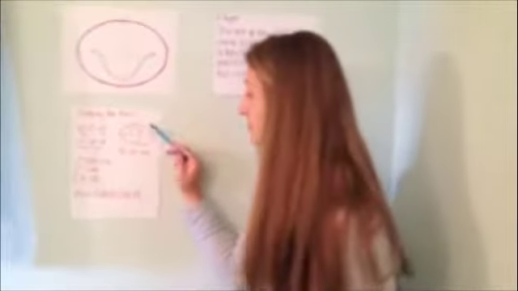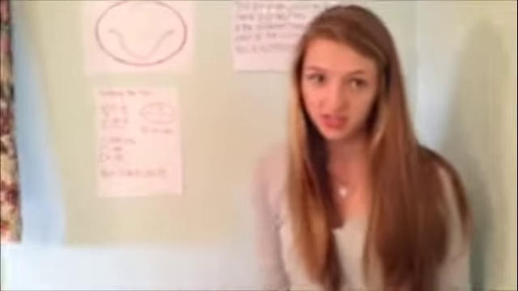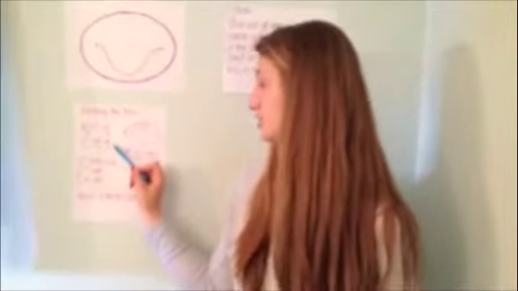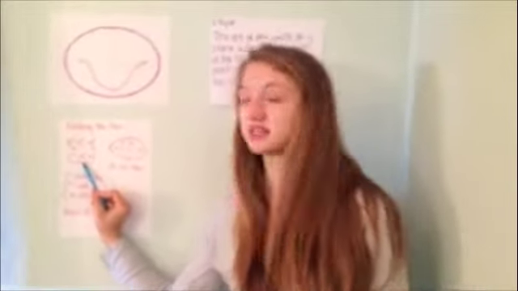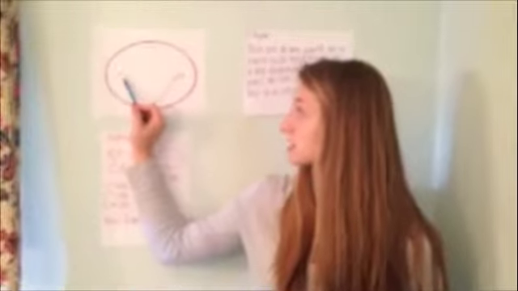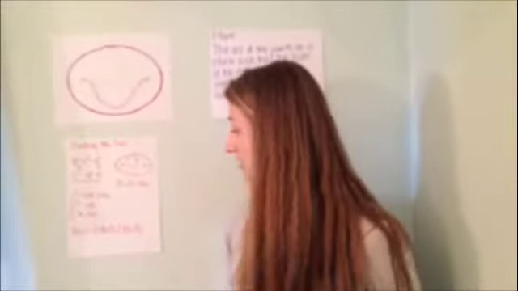So if we use the Pythagorean theorem, a squared plus b squared equals c squared, which in this case would be b squared plus c squared equals a squared, we can change that to c squared equals a squared minus b squared, because c gives us the foci.